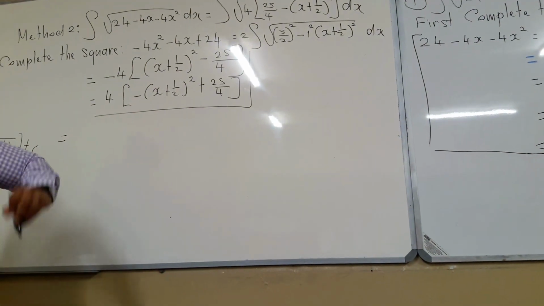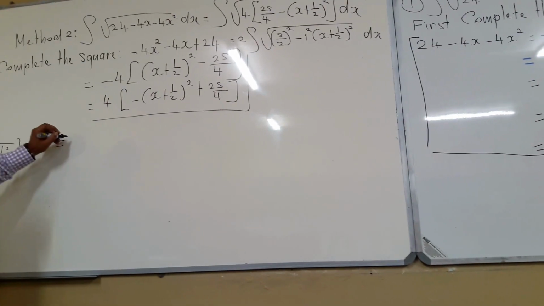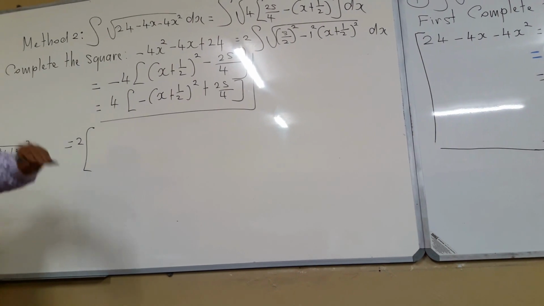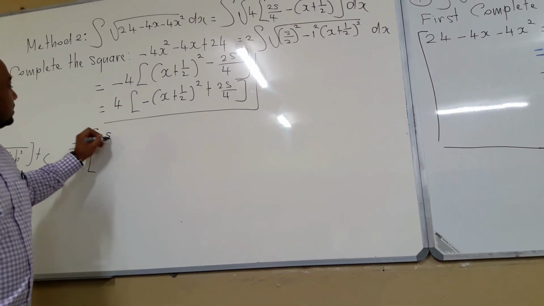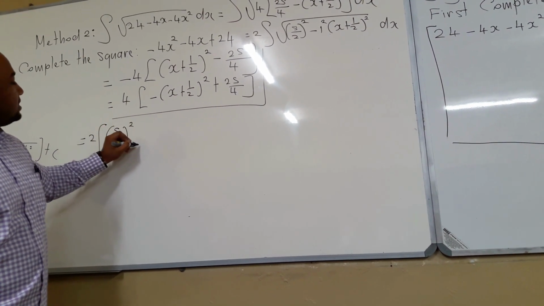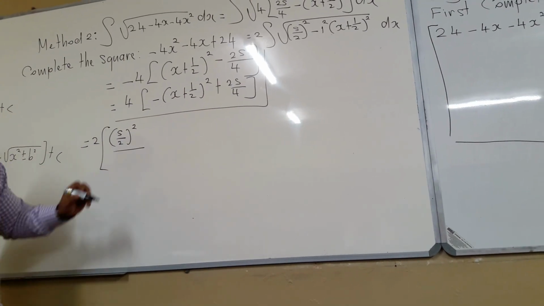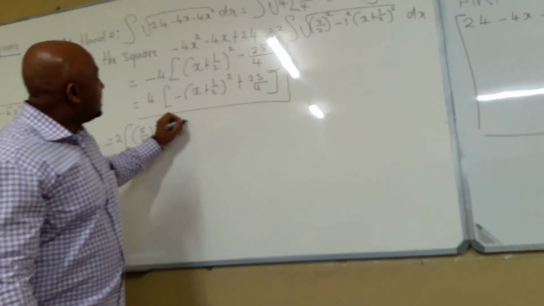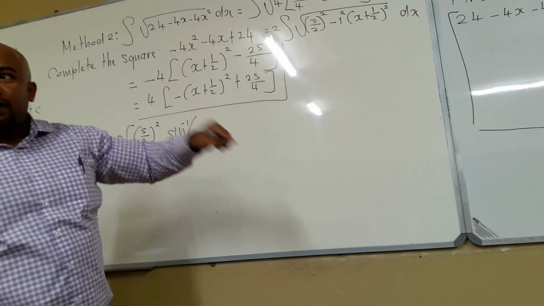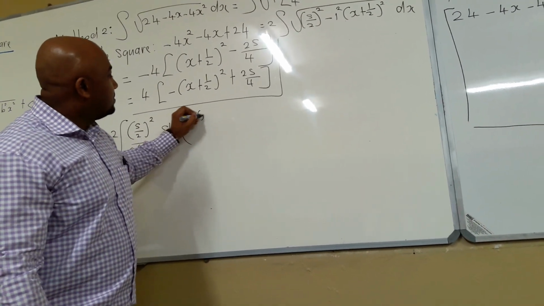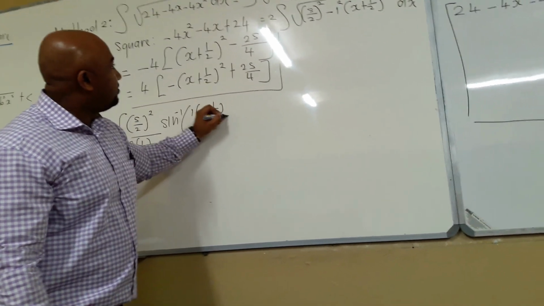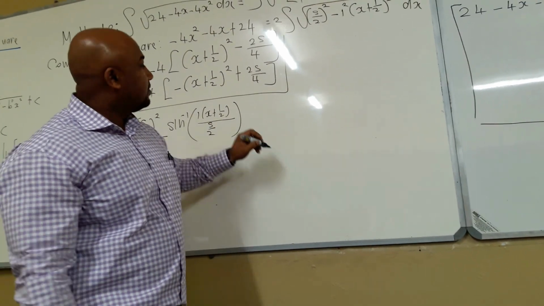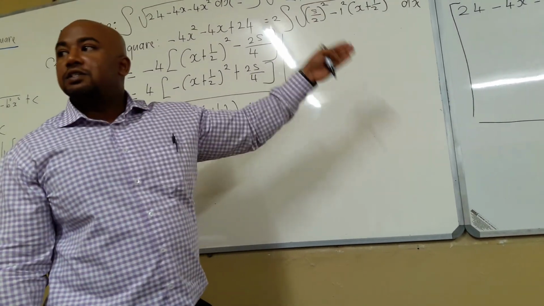So now, this will equal, let me apply the formula. So that is 2 times everything here. So that's a squared over 2b. So that's 5 over 2 squared all over 2b, which is 2 times 1, inverse sine bx over a. So that's 1 times x plus half all over a, which is 5 over 2, plus x over 2.